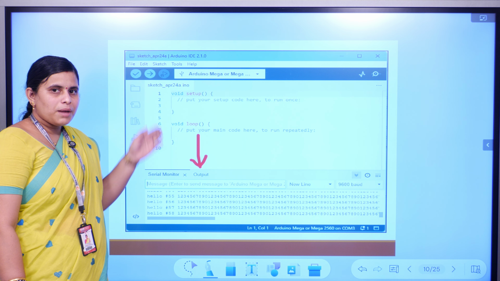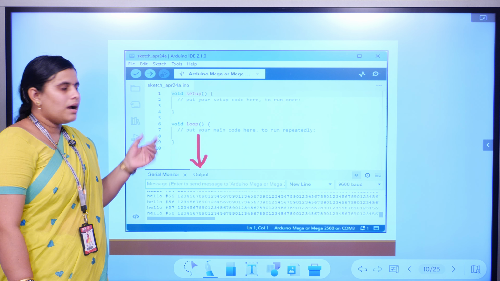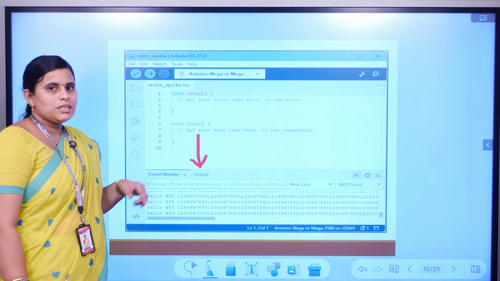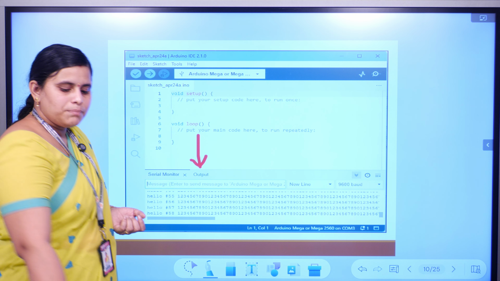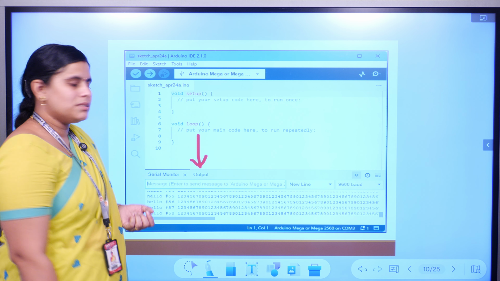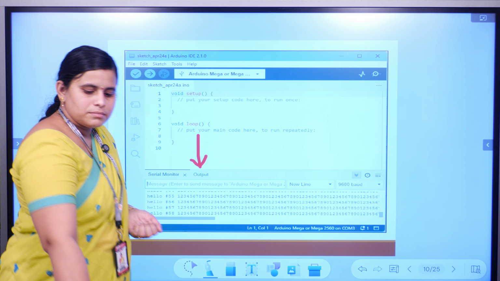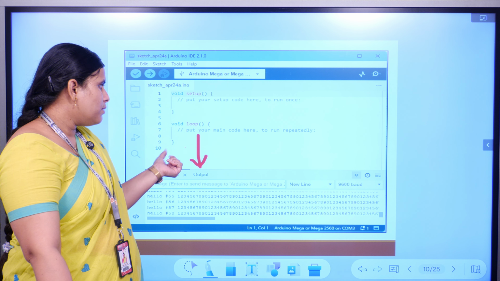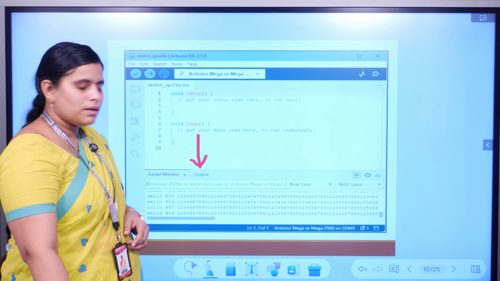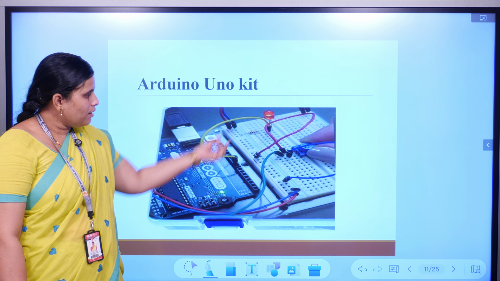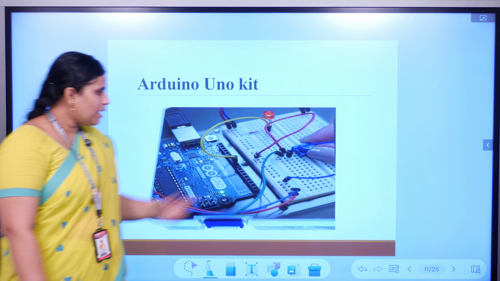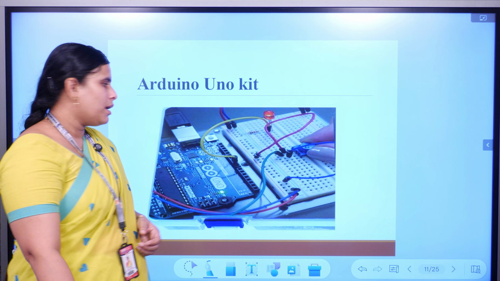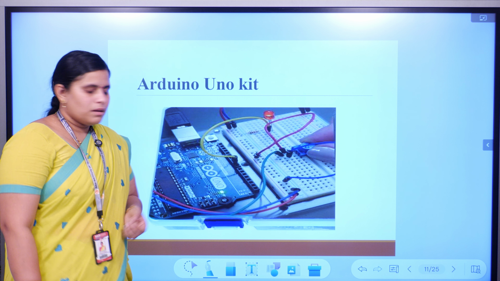When we write a program to perform a particular task and run it, we can see the output on the Arduino Uno board by blinking LEDs or buzzers, or motor speed, etc. See, these are the connections which we have made from the Arduino Uno board to the breadboard using male and female connectors to the LED. Likewise, we connect, and then it is connected to the IDE environment. Then we can see the result.